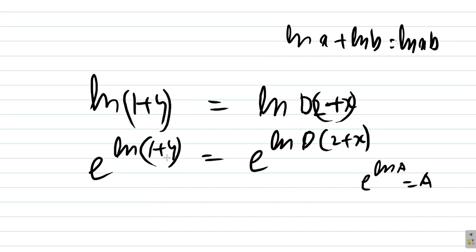So e to the power of ln 1 plus y is somewhat like square and square root, you know. You square a number, you get an answer. You square root the answer, you get back a number. The square and square root undo each other. So e to the power of and ln, they undo each other. So you have 1 plus y equals d times 2 plus x.